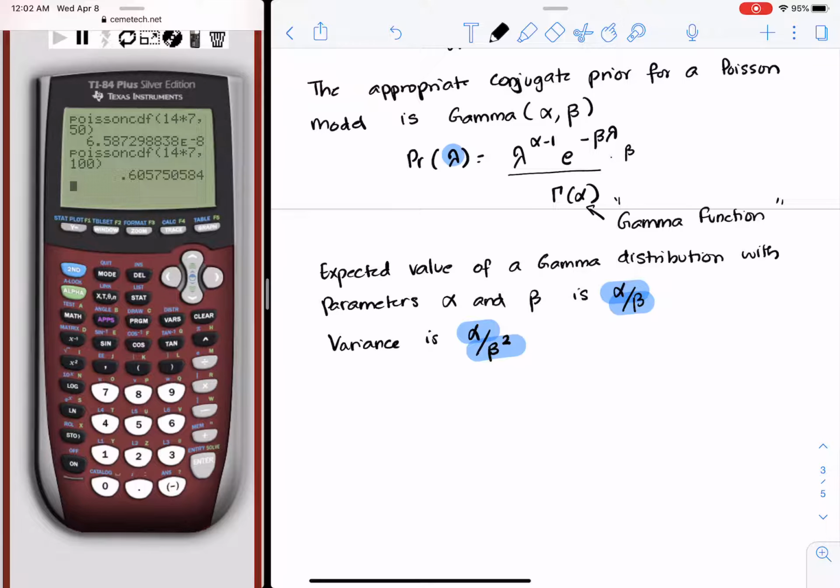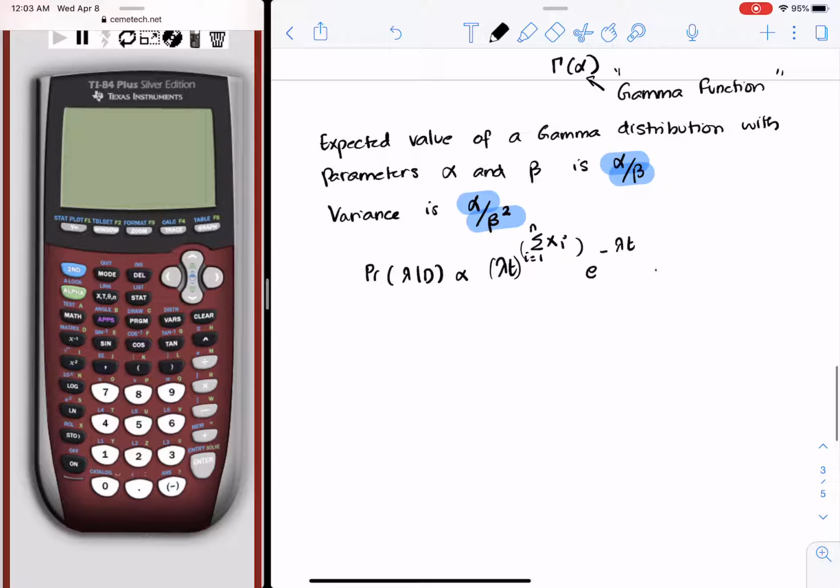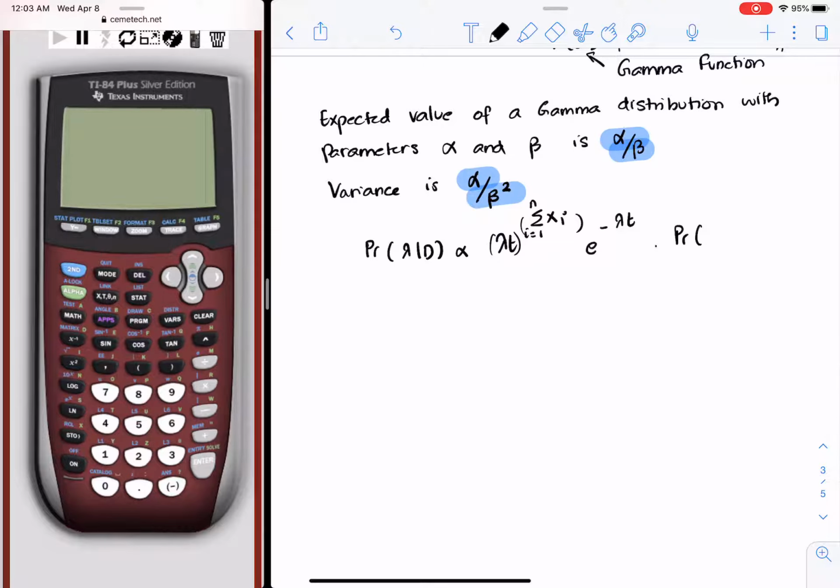So there is our prior, the last part. The posterior of lambda given data is proportional to the likelihood, which is lambda t raised to the sum from i equals 1 to n of xi, times e raised to negative lambda t, multiplied by the probability of lambda.